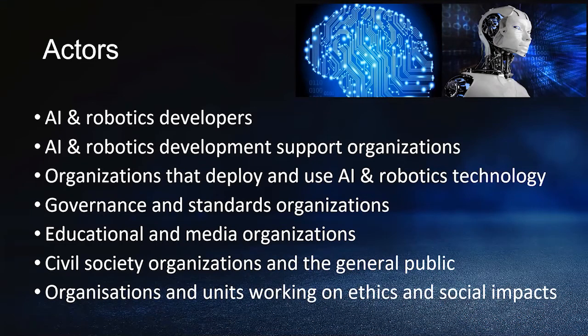Then we have an important role for civil society organizations, especially professional organizations. For example, IEEE is a professional organization that is very influential, obviously, but also Algorithm Watch, all kinds of organizations that help shape the discourse and the actions with respect to AI, as well as the general public, of course.